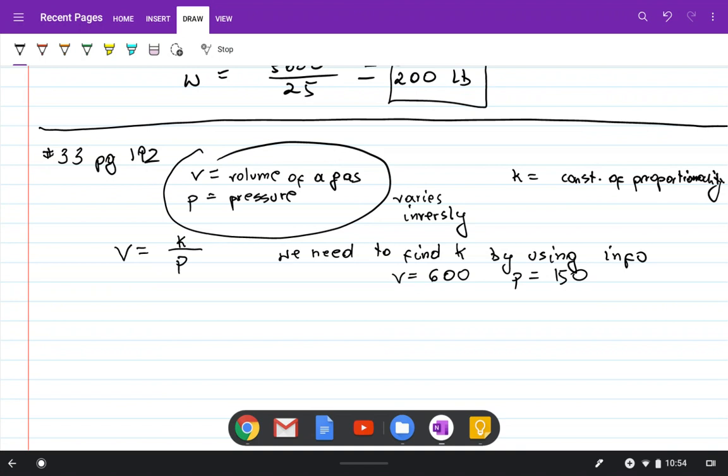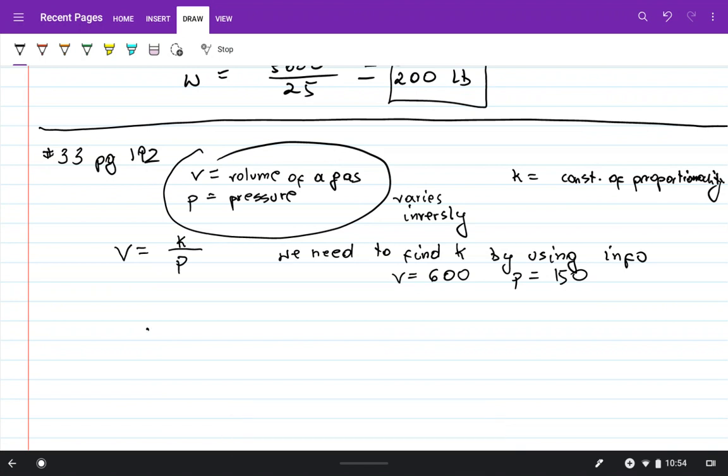So we're going to substitute. We have 600, that's your V, equals the constant, which we're going to find, divided by pressure, which is 150. So solve for K by multiplying both sides by the denominator of this fraction, which is 150.